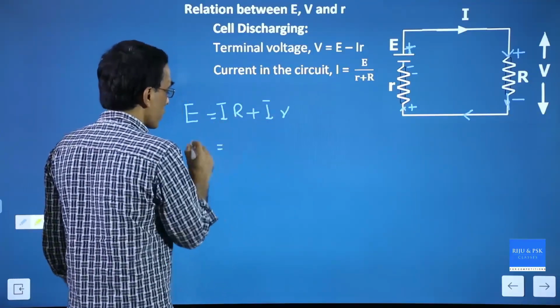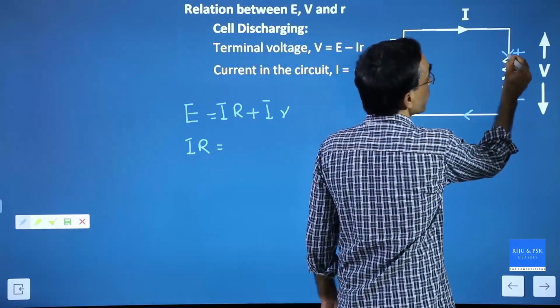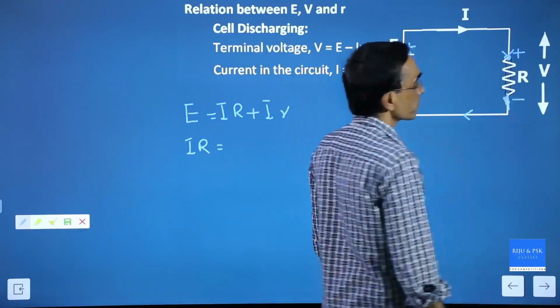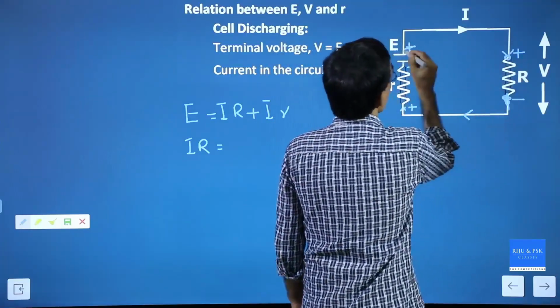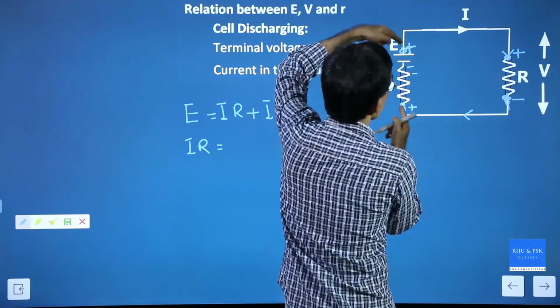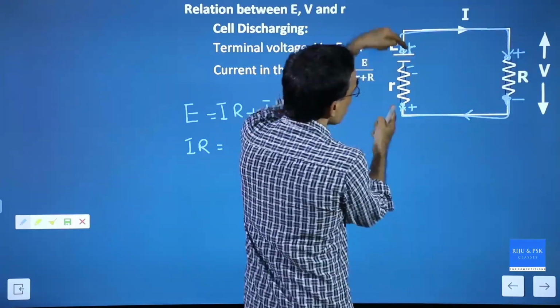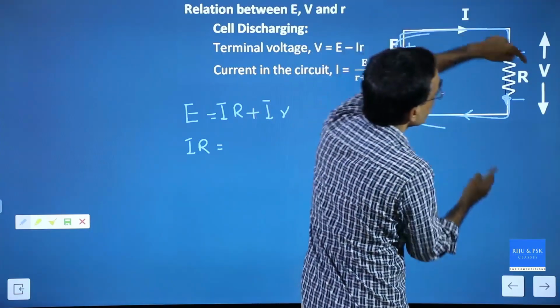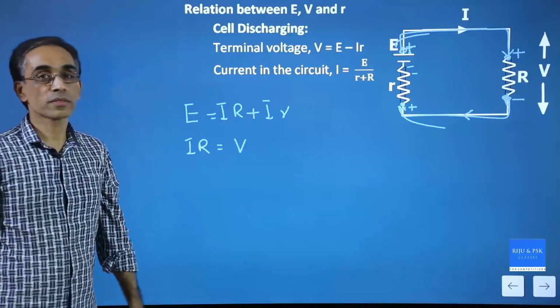Now what is I into R? I into R is the voltage across these points. Voltage across that point is nothing but voltage across these 2 points. So the voltage across this point is what we call V. So I should say IR is also equal to V. Focus.